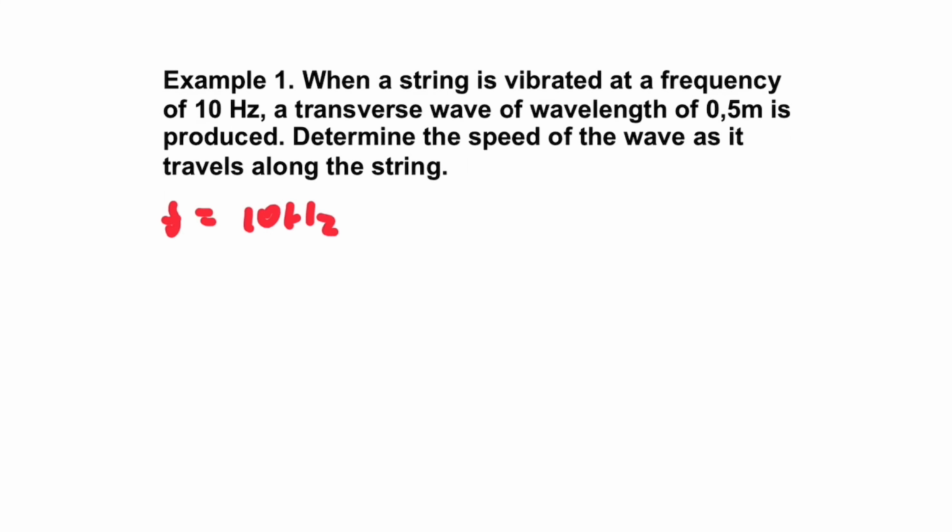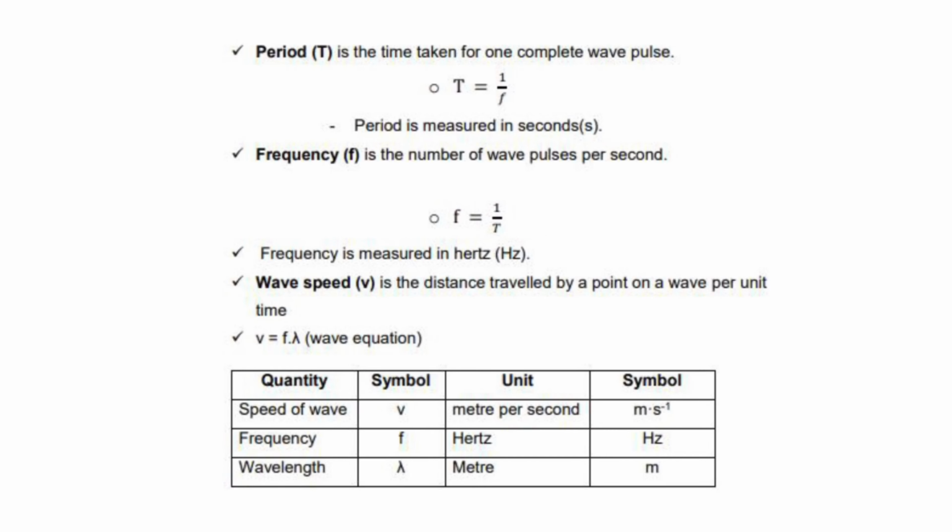We are also given the wavelength, which is equal to 0.5 meters. And the question is saying, let's determine the speed denoted by v. So take a look at these three variables we have. Which equation can we use to determine the speed of the wave?